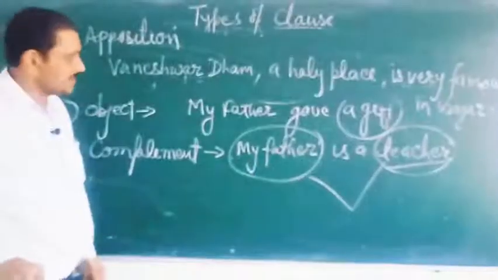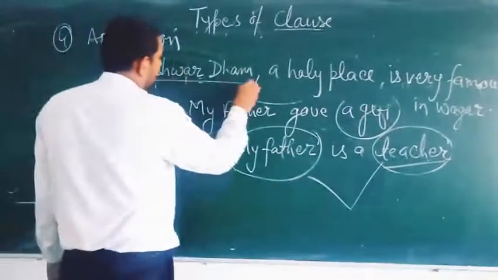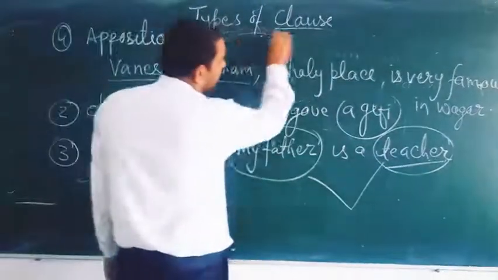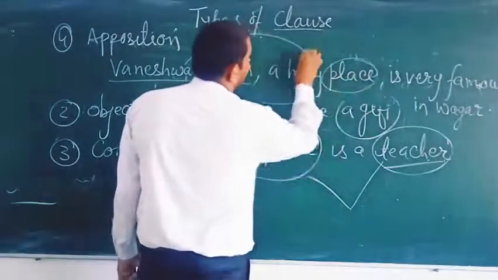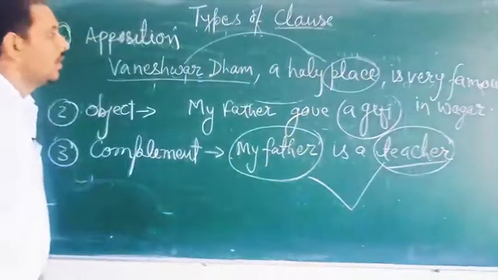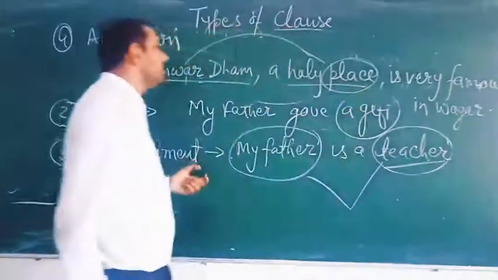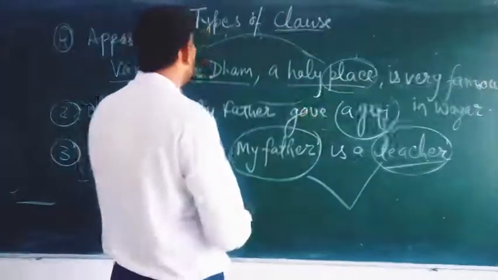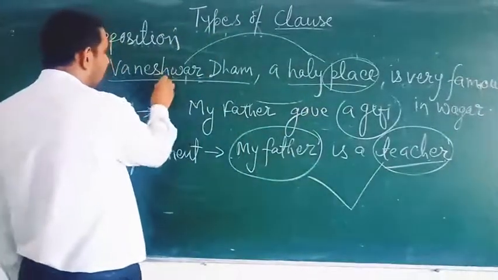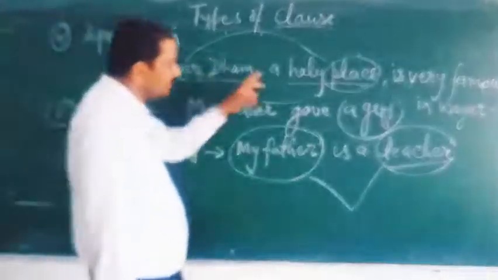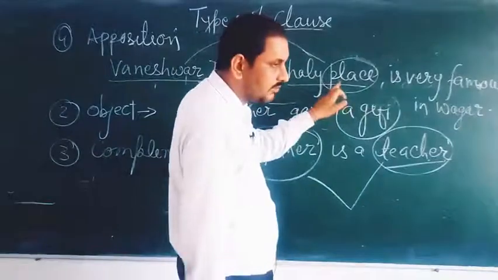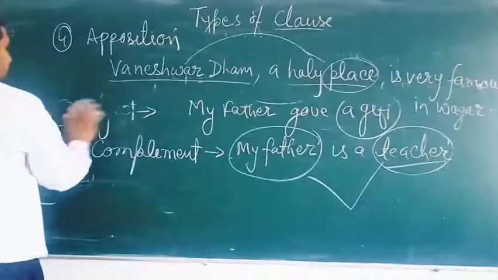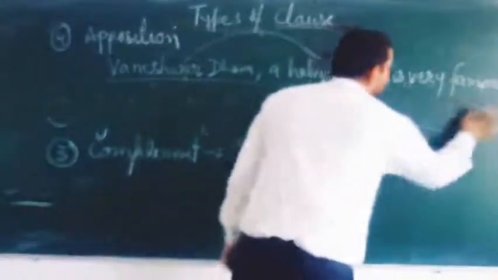In this sentence we see Veneshwar Dham is a word and another word used for this is holy place. So that is the example of noun as an opposition. The first member word comes earlier and just after that we use another word that is the same as the previous word.